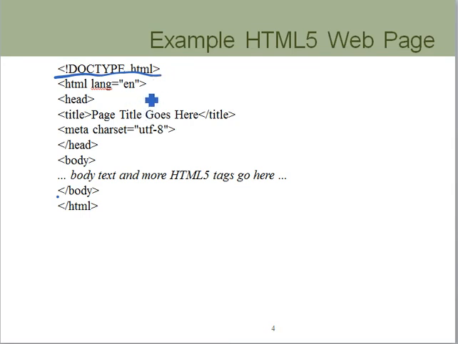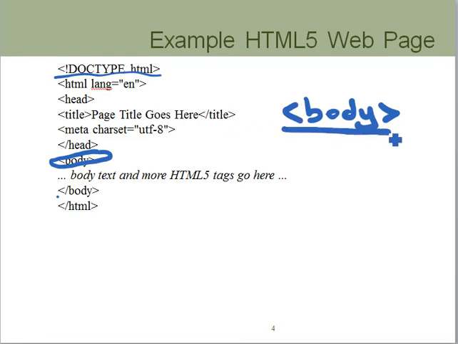Right, so we were talking about the tags, and if you look at this particular element, for example this body tag, we have the body element embedded in the tags. This we call the start tag, and most tags in HTML have an end tag.